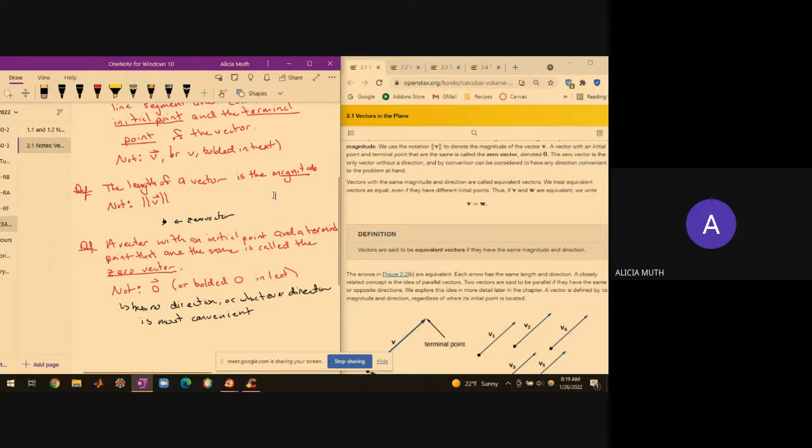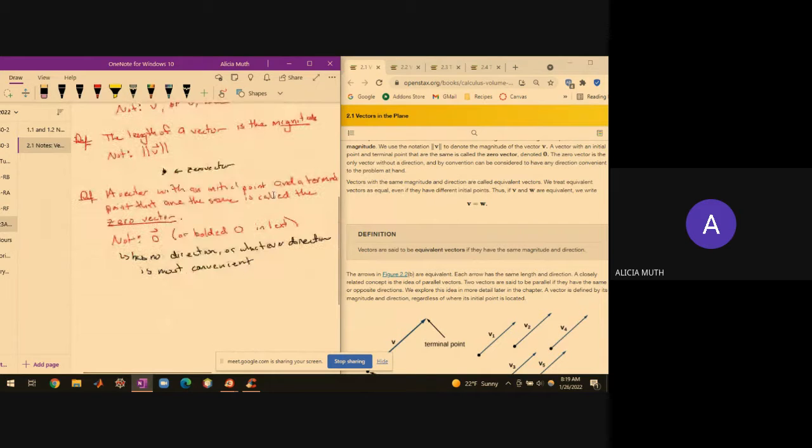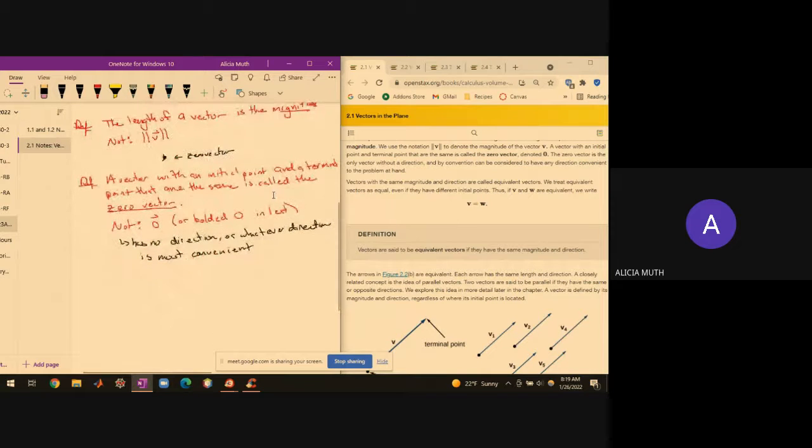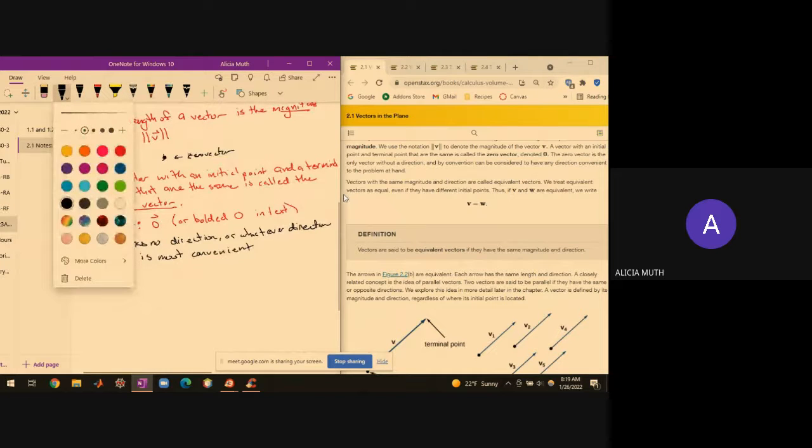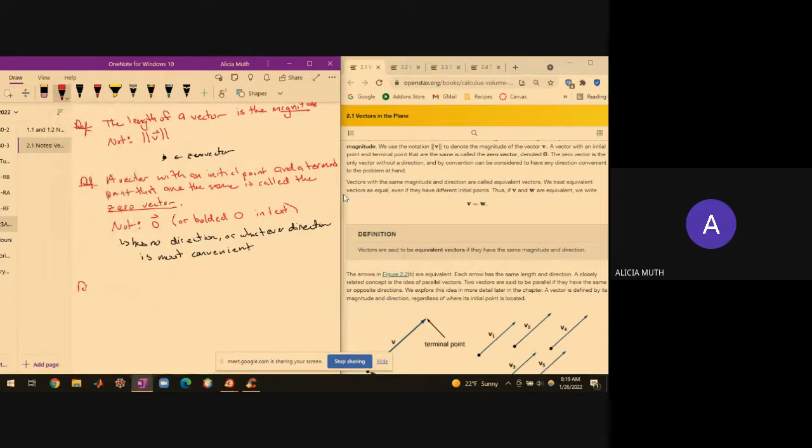All right. So vectors with the same magnitude and direction are called equivalent vectors. We treat equivalent vectors as equal even if they have different initial points. Thus, if v and w are equivalent, we write bolded v equals bolded w. So here's our definition. Vectors are said to be equivalent vectors if they have the same magnitude and direction.